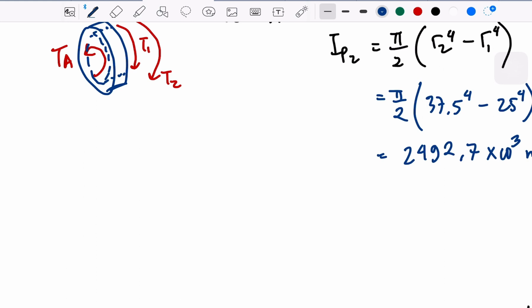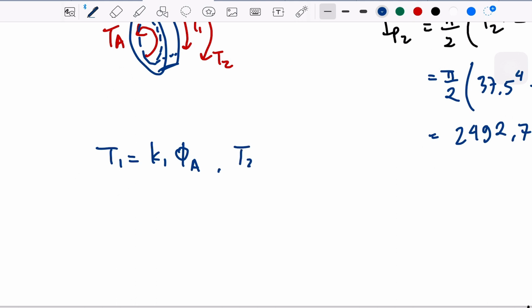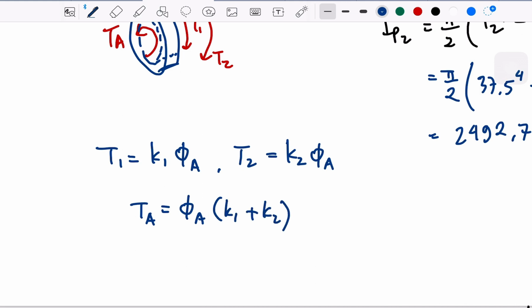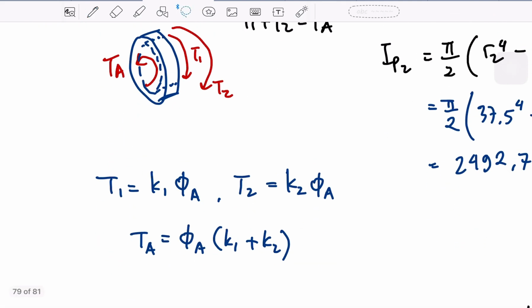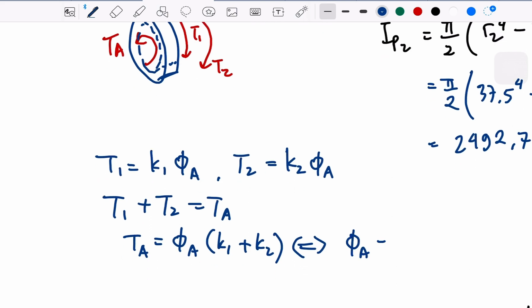We say that T1 is K1 times the twisted angle A, based on the deformations we have here, and the torque T2 is K2 times also the deformation A. So T1 plus T2 is the applied torque at A. From this equation we can write the displacement is equal to TA over K1 plus K2.